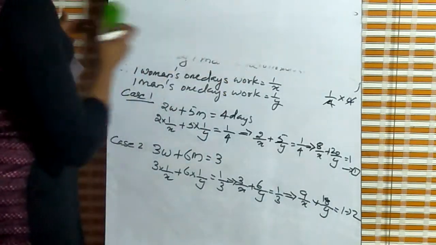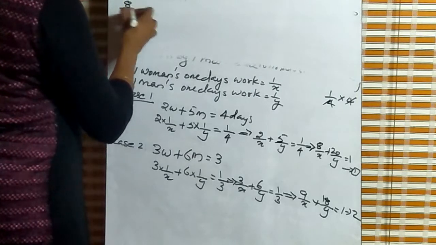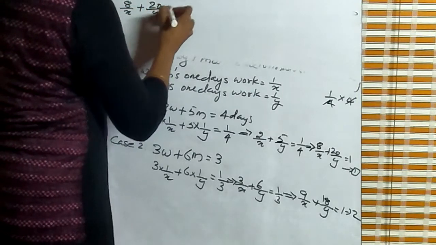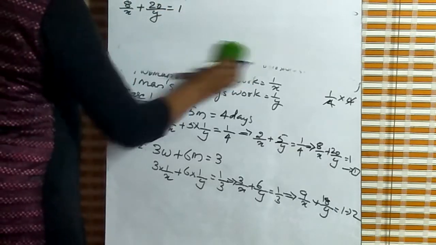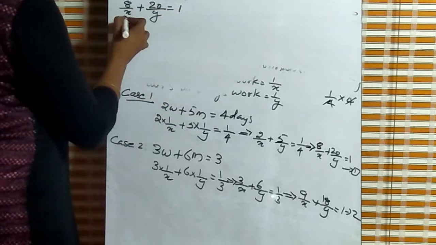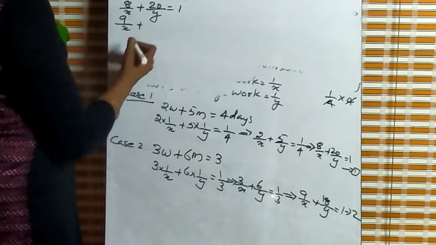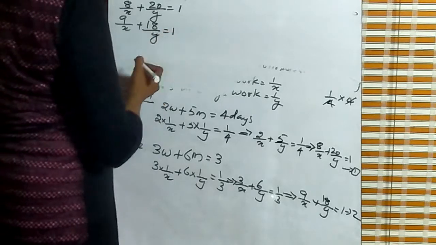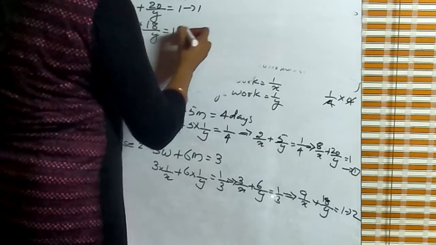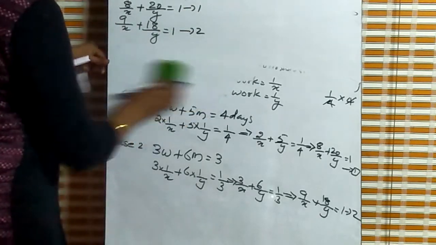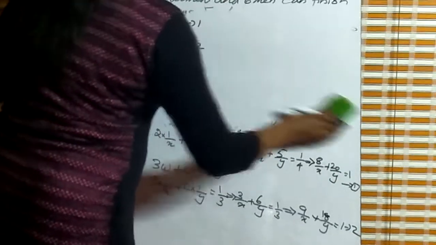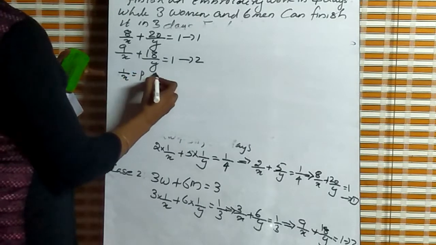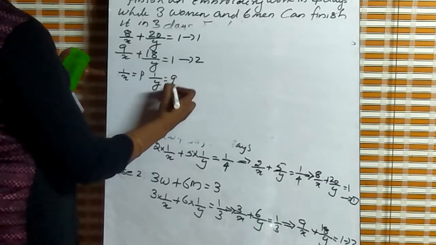What is the first equation? 8 by x plus 20 by y is equal to 1. Second equation is 9 by x plus 18 by y is equal to 1. Here put 1 by x is equal to p and 1 by y is equal to q.